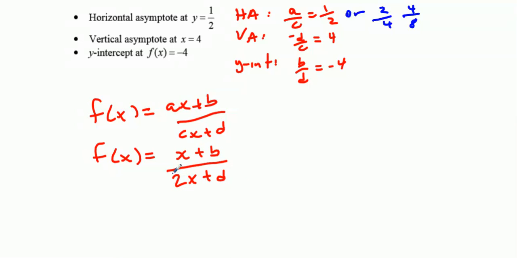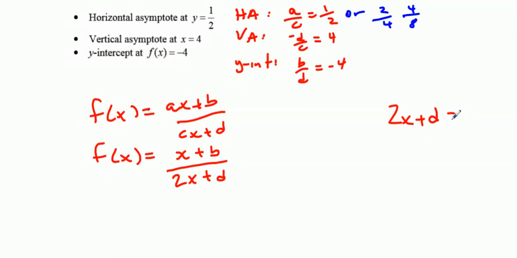This has to be equal to 4, which means that if I have 2x plus something, I'm going to take 2x plus d, and that has to equal 0 at the vertical asymptote, where x is going to equal 4.